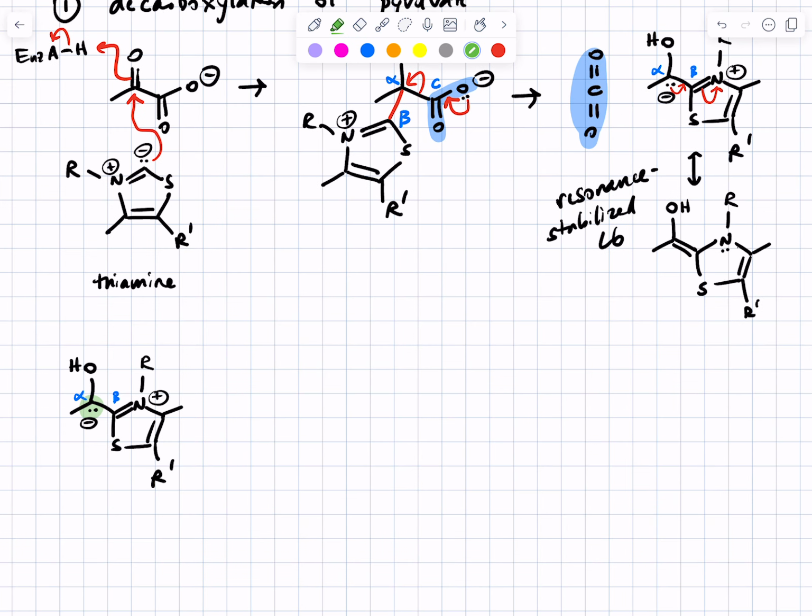The leaving group here will be the reduced lipoate. And though we won't draw that whole mechanism, I'll at least draw for you the tetrahedral intermediate so that you have an idea of what this is going to look like.